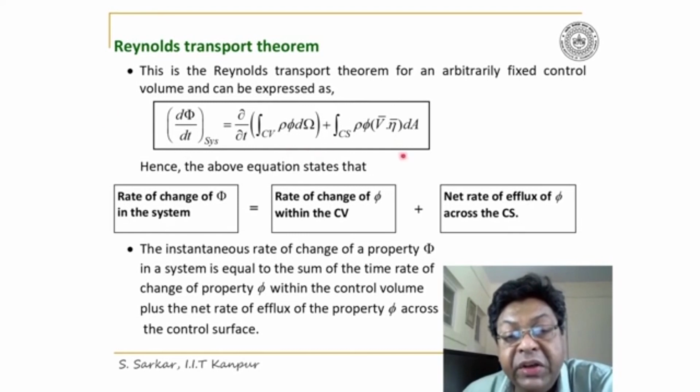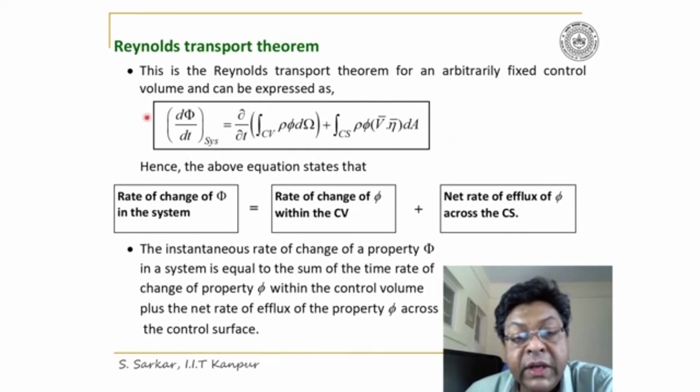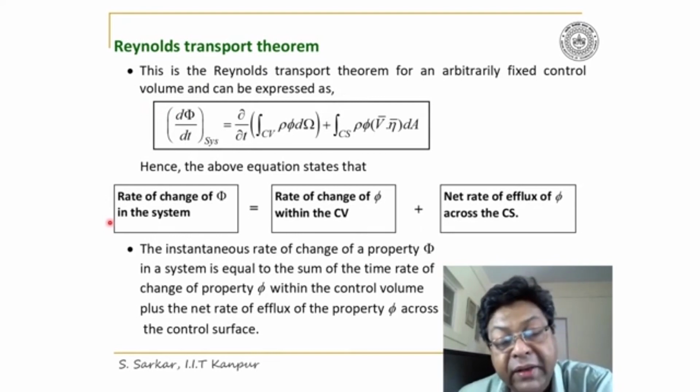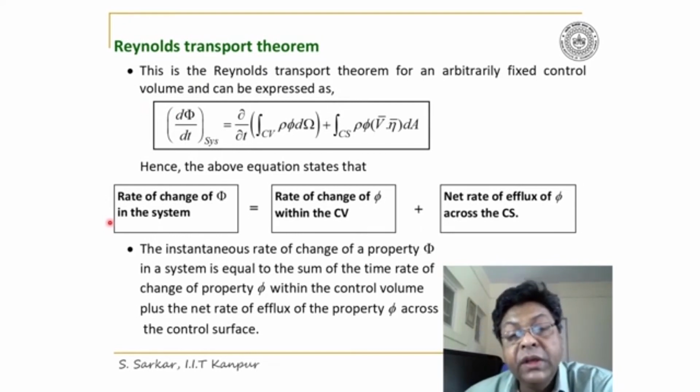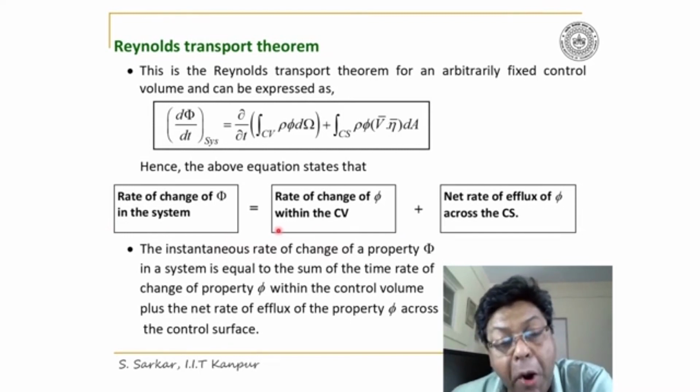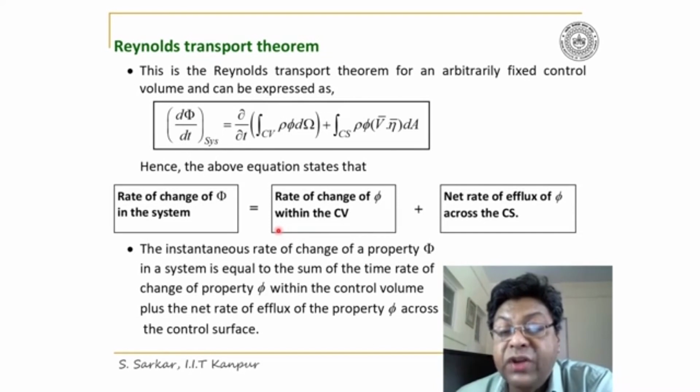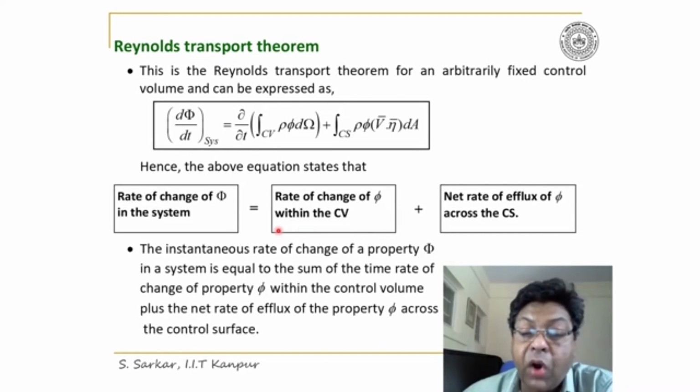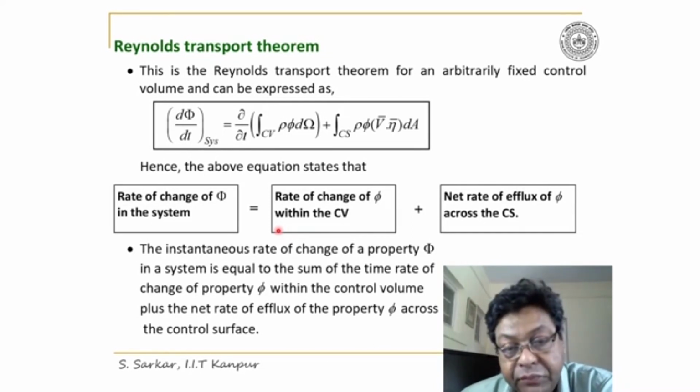So this equation can be stated as rate of change of phi in the system is equal to rate of change of specific property within the control volume plus net rate of efflux of phi across the surface.